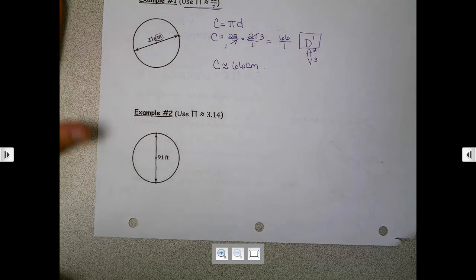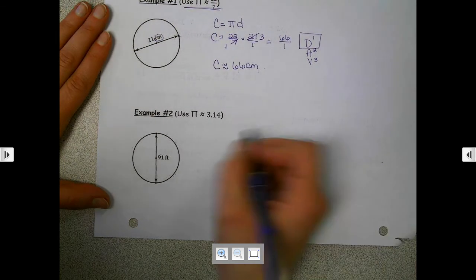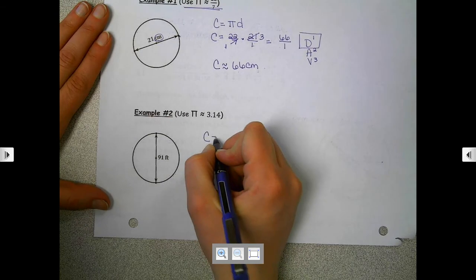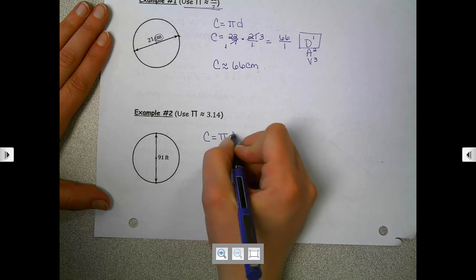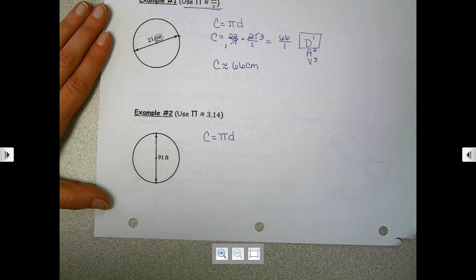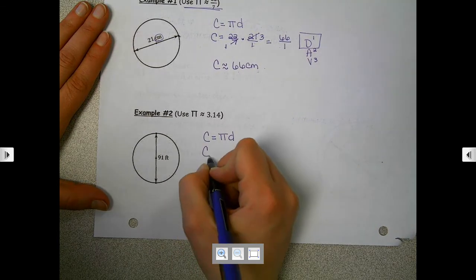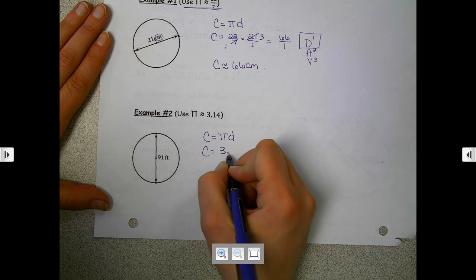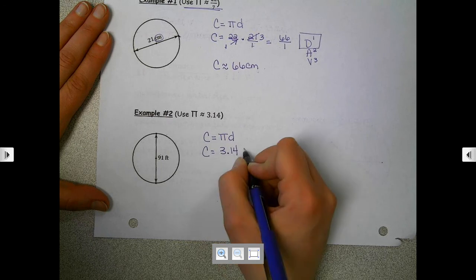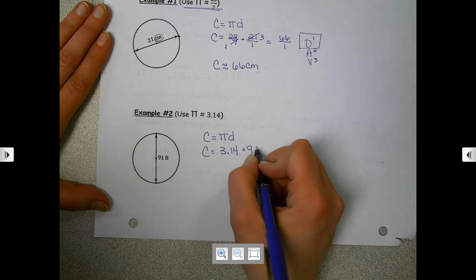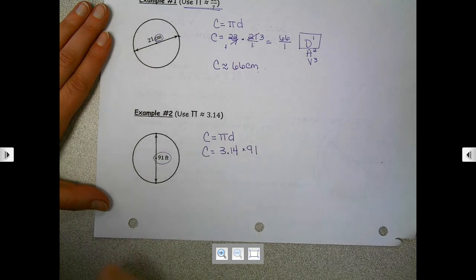So what I'd like you to do is pause the video, try it out, and come on back. Okay, hopefully you paused the video. The first thing that we're going to do is always write the formula that we are going to use. And then we are going to replace. Circumference is 3.14 times the diameter, which is 91.